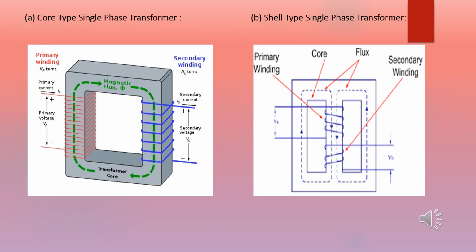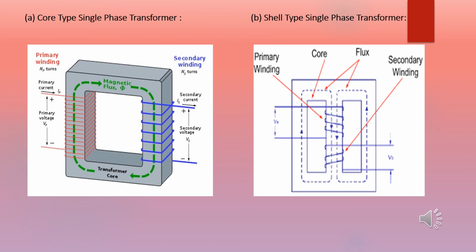The figure A shows a core type single phase transformer. Here it has a central core which is made up of iron, also called as a transformer core. The core is wound by two different windings or two different limbs.